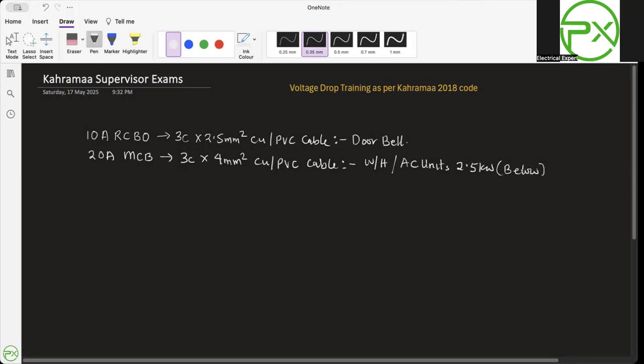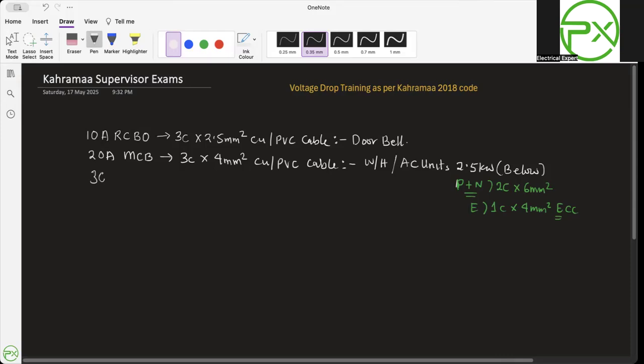My AC will be 6 square for the phase and neutral, which has to be 2 core 6. Then I will consider 1 core 4 square for my grounding, the ECC, earth continuity conductor.